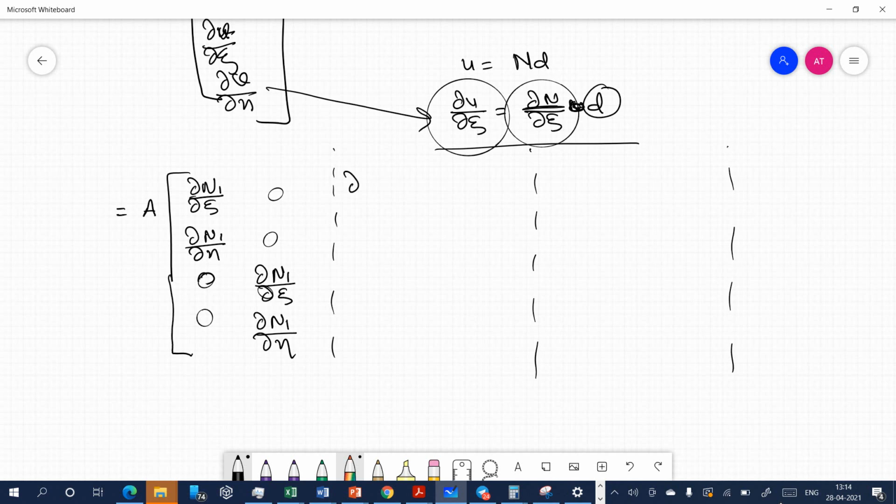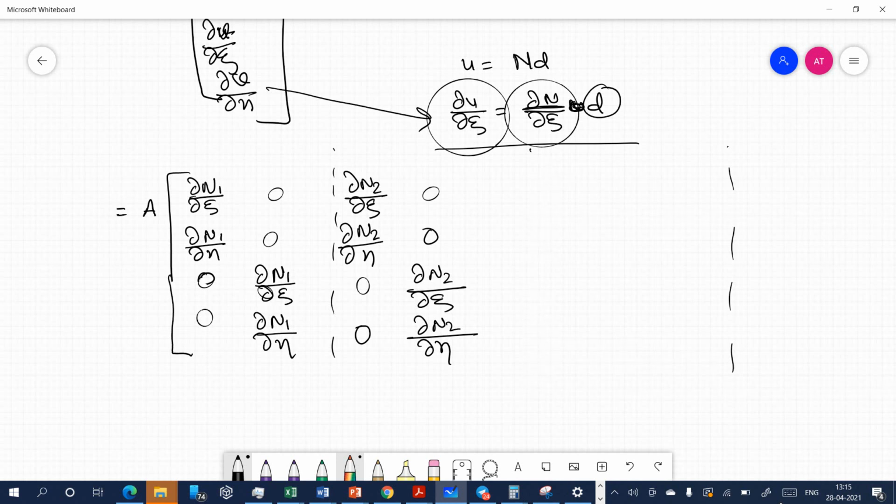So that will be del N2 by del zeta, 0, 0, del N2 by del eta, 0, 0, del N2 by del zeta, del N2 by del eta, right?